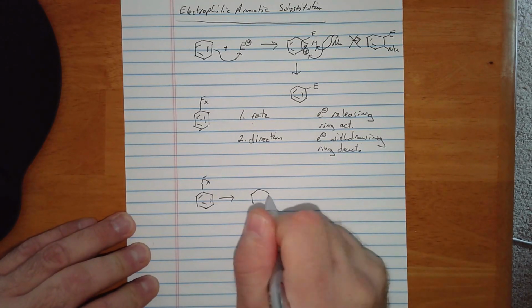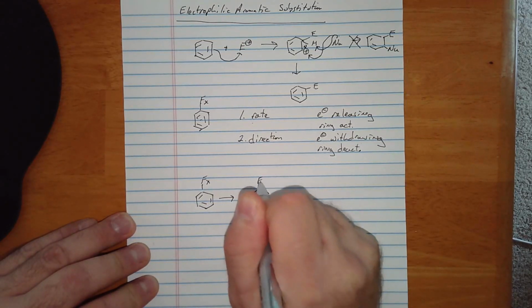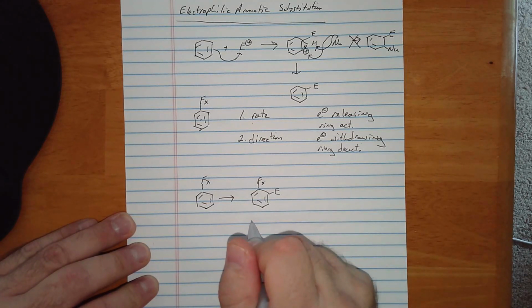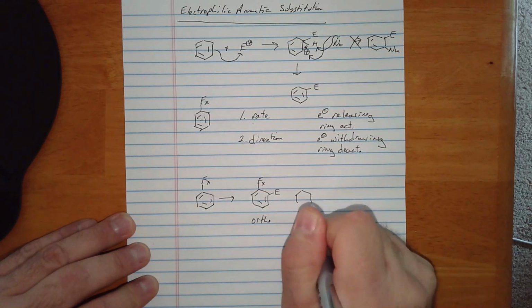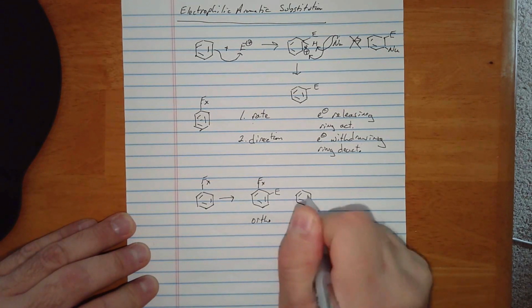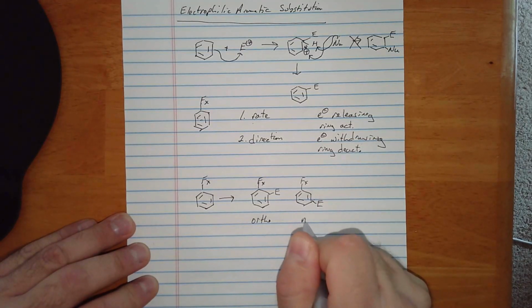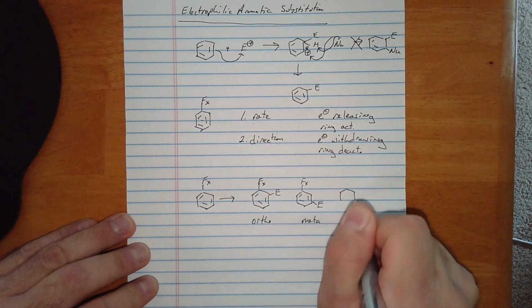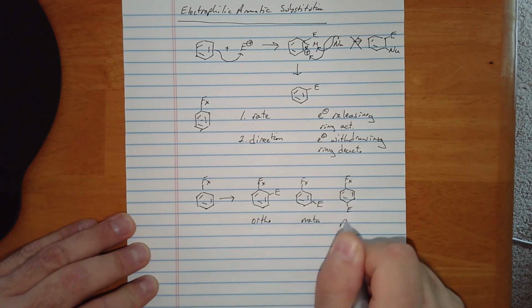And so we can have substitution occur in this position. This is called ortho. We can have substitution occur in this position. This is called meta. And last but not least, we can have substitution occur in this position, and this is called para.